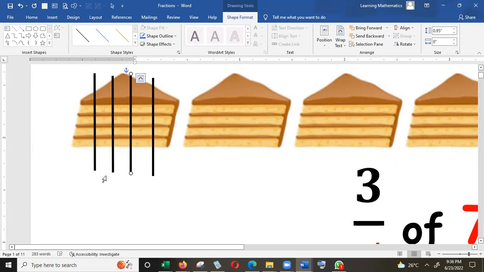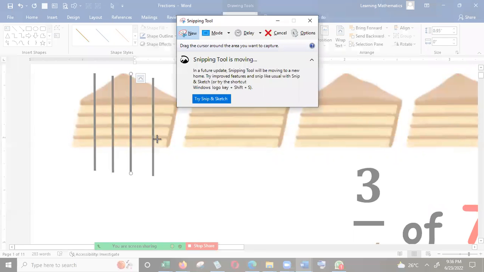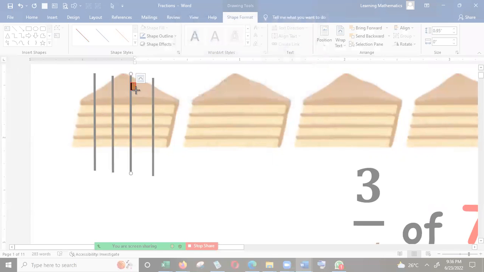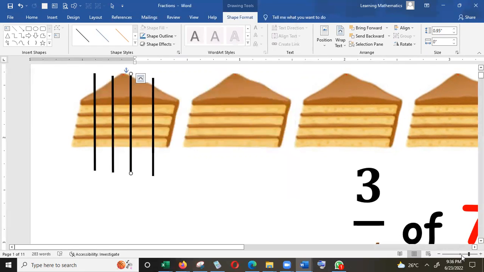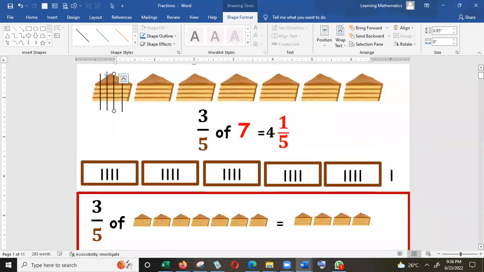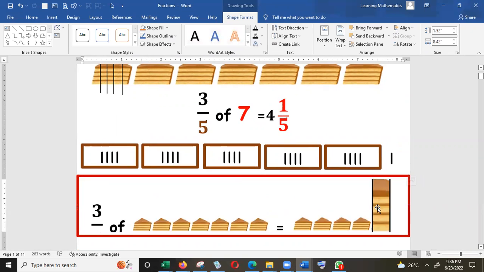So what we need is 1/5 of that. So we can just come here and say we want to take 1/5. So we can take this slice right there. As you can see, the partition line is appearing. So here is our 1/5.